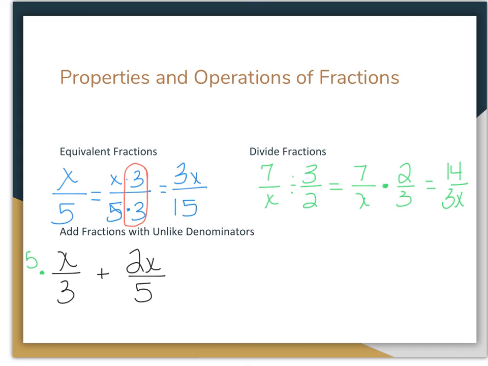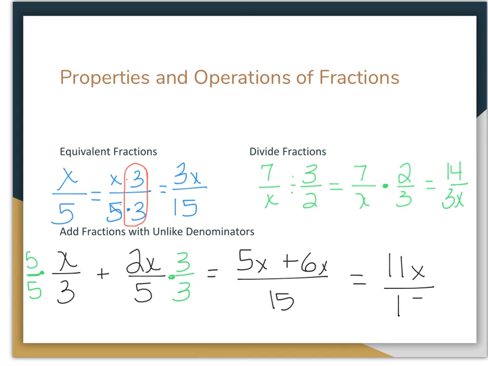So we'll take 5 over 5. And then our second fraction, we need to multiply by 3 over 3. This is going to give us 5x plus 6x over 15. And when we simplify this, we will have 11x over 15.